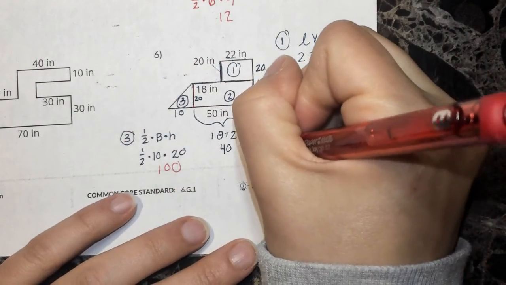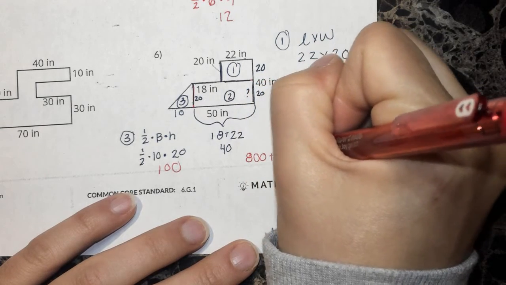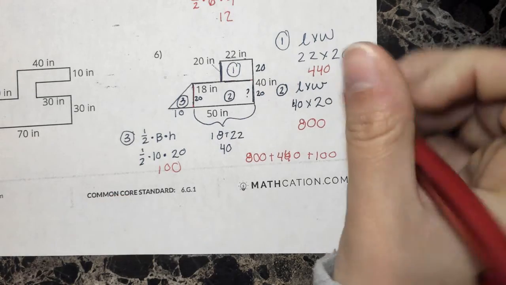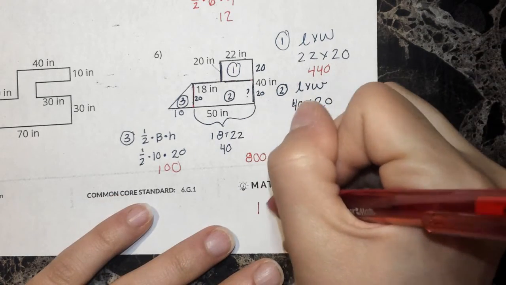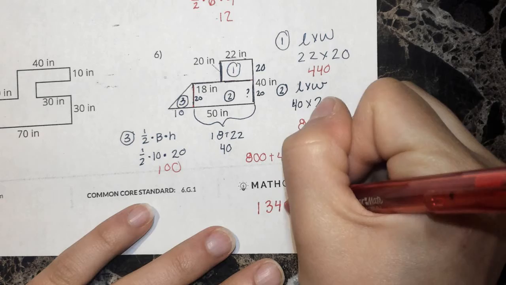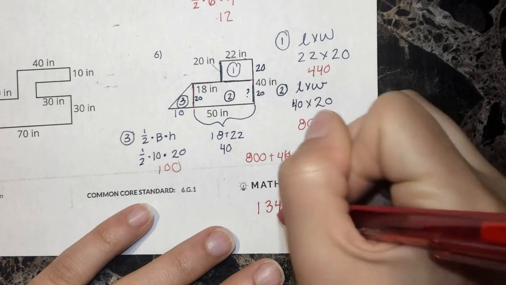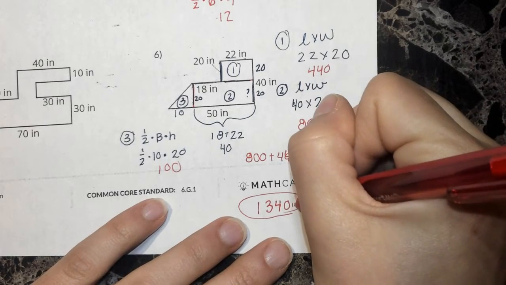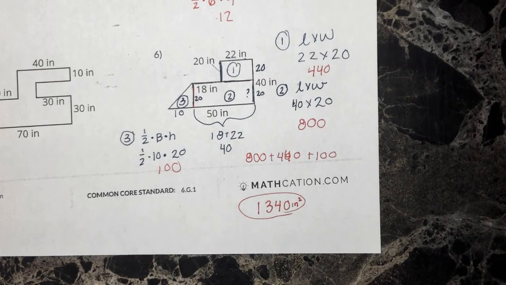So you're going to add 800 plus 440 plus 100. And when you add all those up, you would get 1,340. And that would be your answer here. But I forgot to label. Oh man, inches squared.